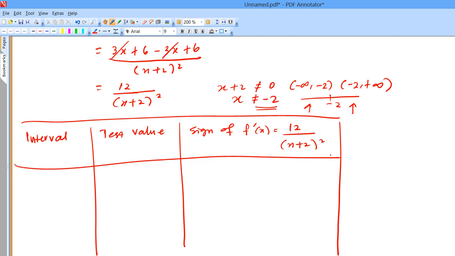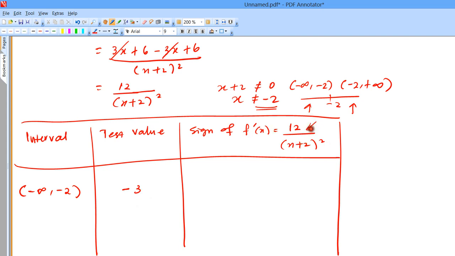So the first interval, negative infinity to negative 2. For the test value, we can choose x equal to negative 3, meaning a value of x within this interval, not including negative infinity and negative 2. Then for the sign of f prime x, just substitute negative 3 into f prime.